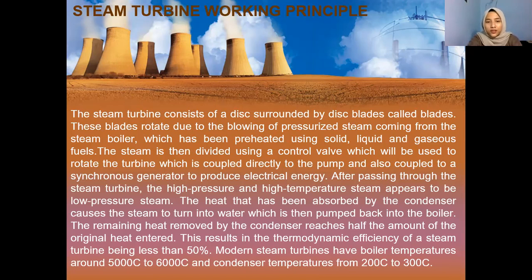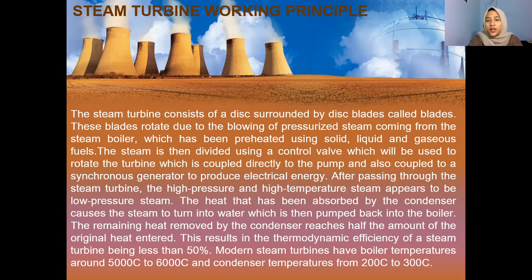After passing through the steam turbine, the high pressure and high temperature steam becomes low pressure steam. The heat that has been absorbed by the condenser causes the steam to turn into water, which is pumped back into the boiler. The remaining heat removed by the condenser reaches half the amount of the original heat entered.